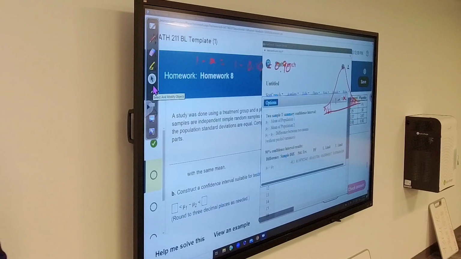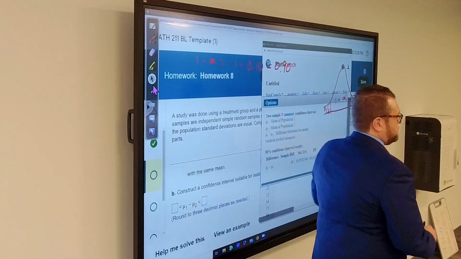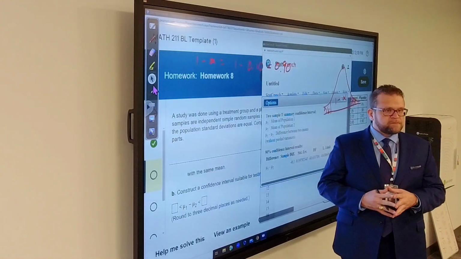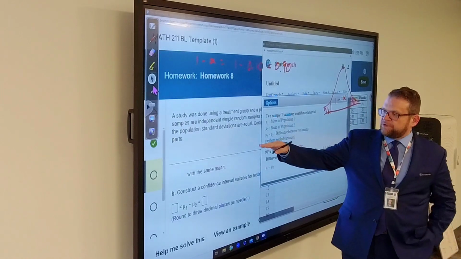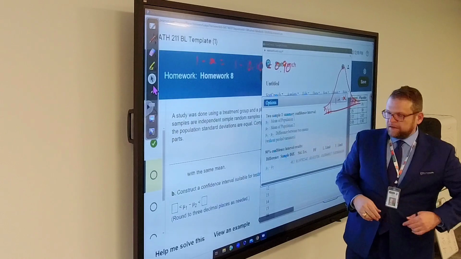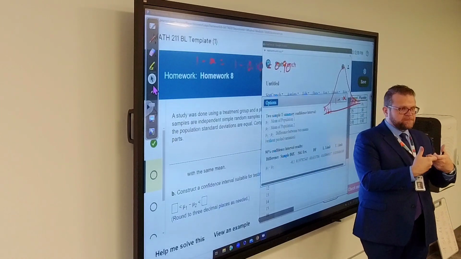Now, what did I do on my hypothesis test? On my hypothesis test, I failed to reject. So failing to reject was to say that mu1 and mu2 were the same. If mu1 and mu2 are the same, then that means they could be equal.